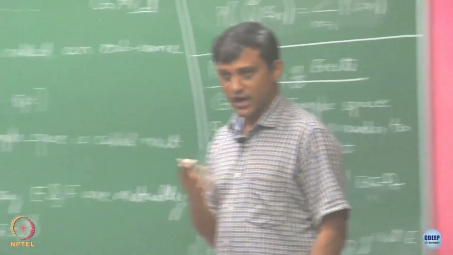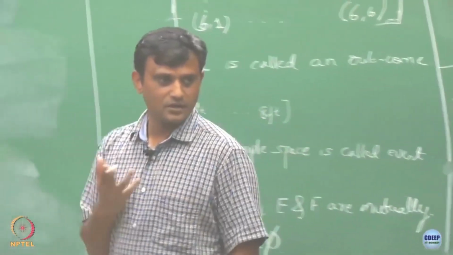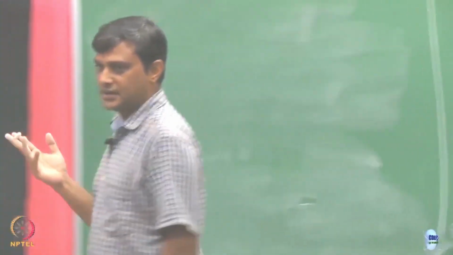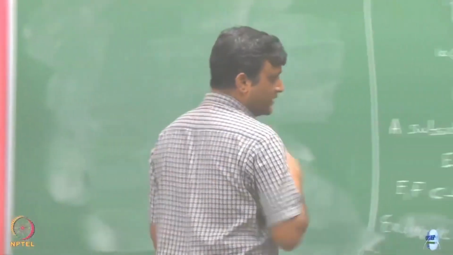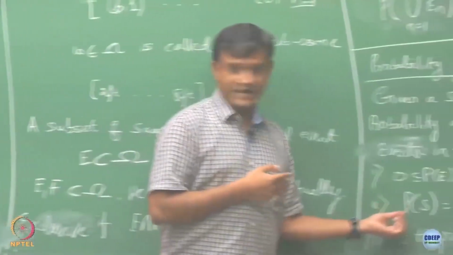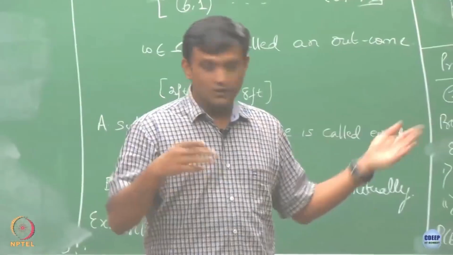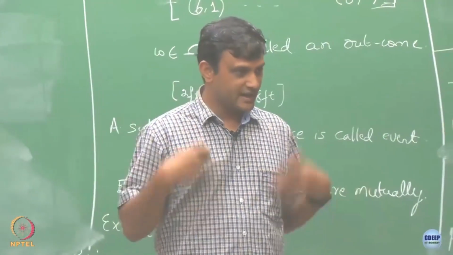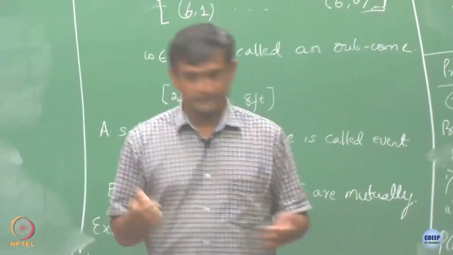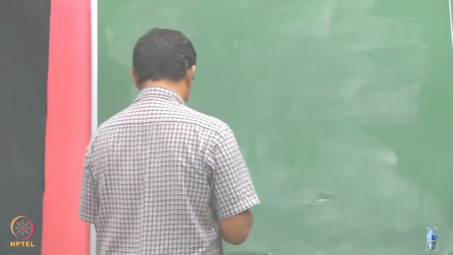If it's a fair coin, you expect that to be close to 0.5, right? So in a way, you want to interpret this probability as the frequency of occurrence of that event when you do this experiment again and again. Okay? We will get back to this again.